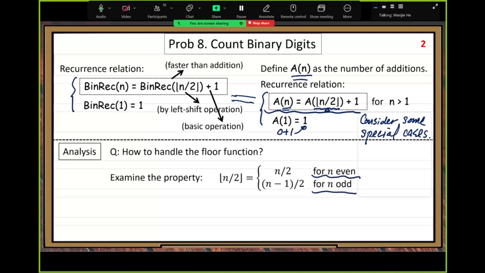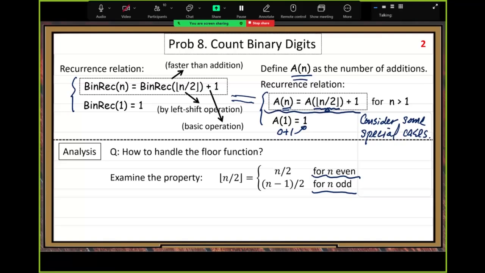Which one do you feel is simpler? If you need to solve this problem, would you like to work on the even case or the odd case? Which one do you feel is easier?